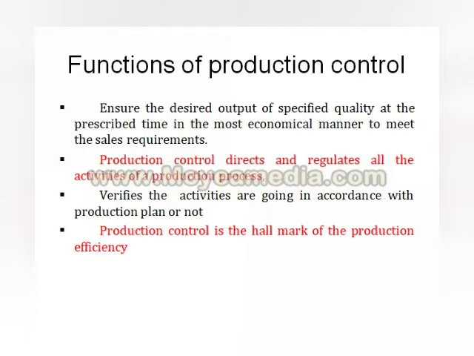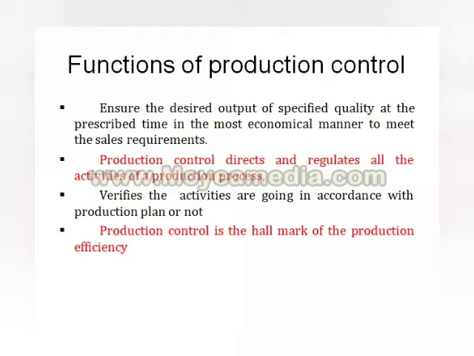Coming to the control part, you can also stick to continuous production without any flaws or problems. You can foresee any maintenance activities required for your facility, any changes in the facility, any change in your production strategy. All those things can be taken care of using a proper production control strategy.